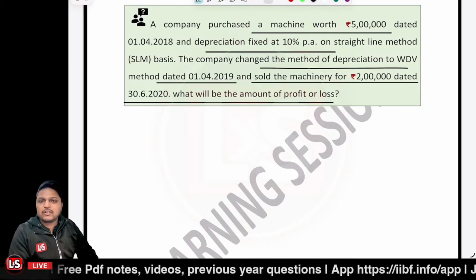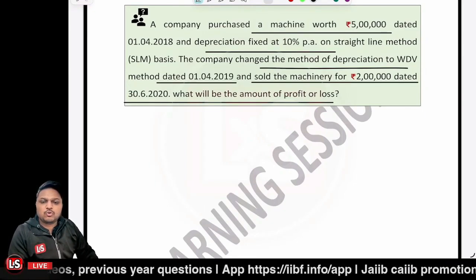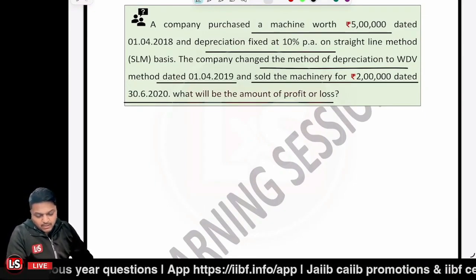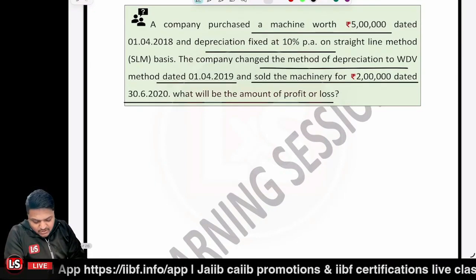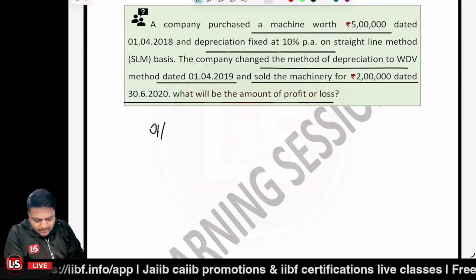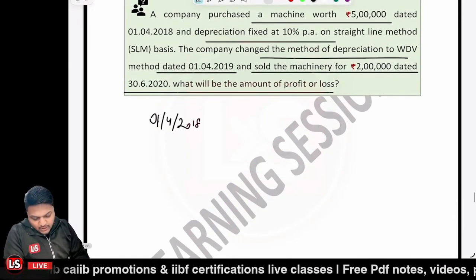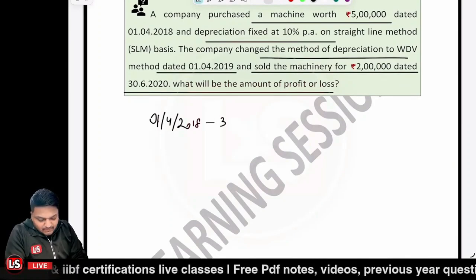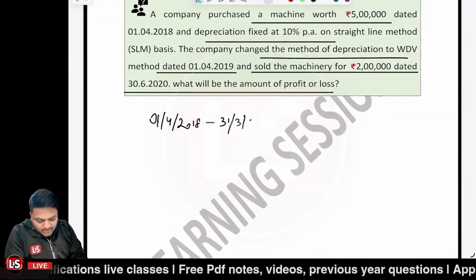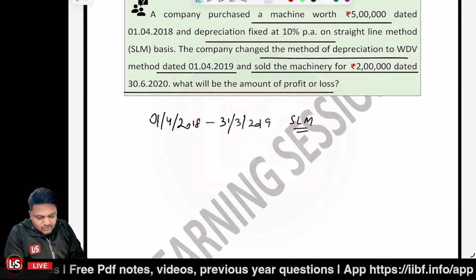Now, just make sure that you divide these types of questions into different parts, right? Now we know we have to divide it as per the timeline. The asset was purchased on 1st of April 2018. That's the first case, right? And it was with us under the SLM till 31st of March 2019. Till this date, we were using the SLM method of depreciation.